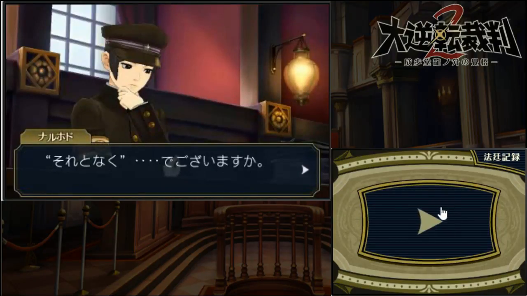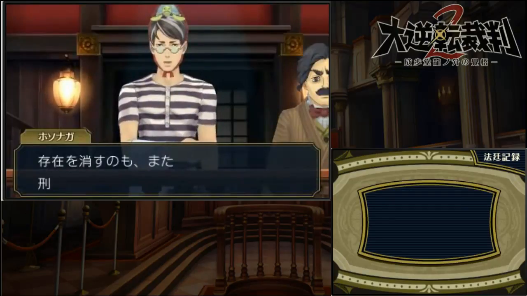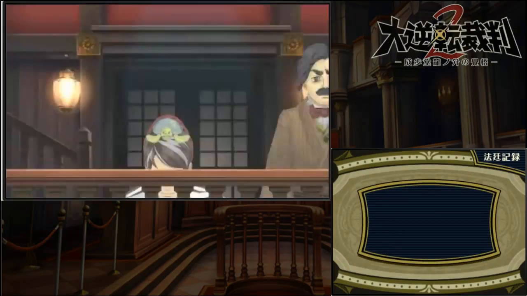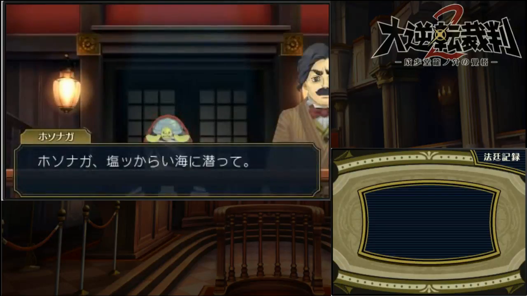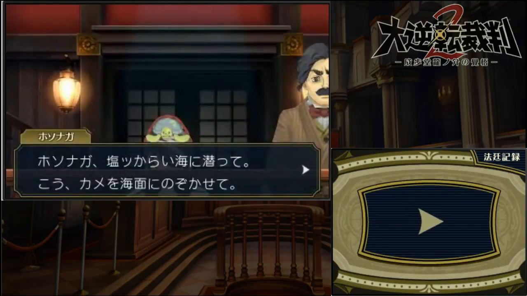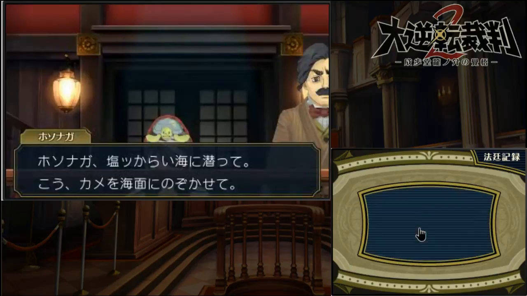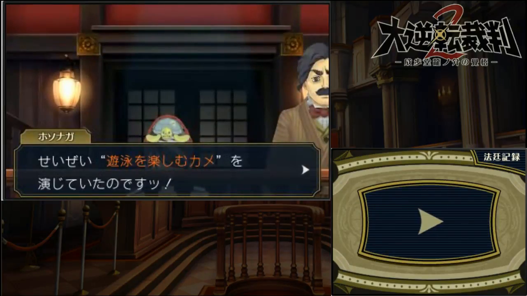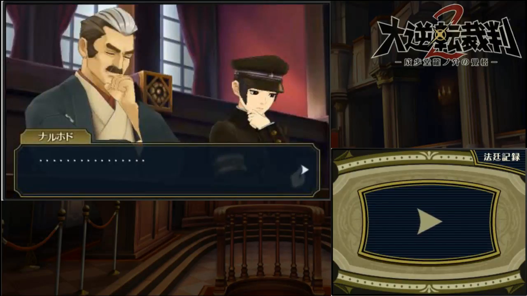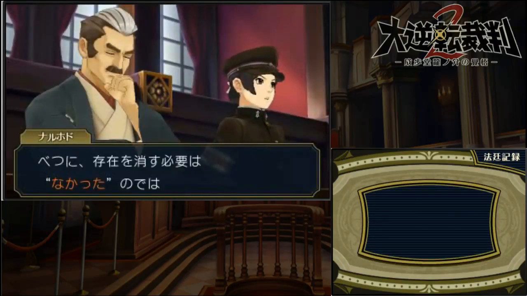Discreet, you say? Hiding in plain sight is one of the most important duties as an inspector. I, Hosonaga, would dive into the salty sea, and my turtle would look towards the beach like so. I can fully act out the part of a turtle enjoying its swim. Was there really a need to conceal your presence?